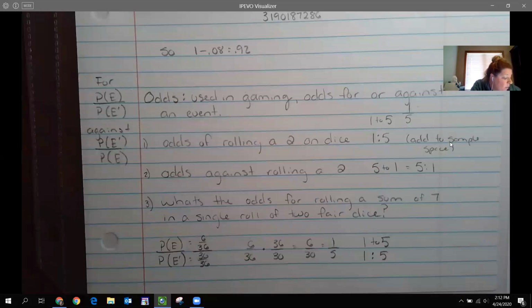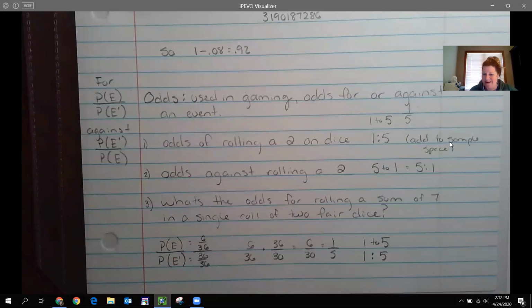We're going to use the probability of the event divided by the probability of not the event. There's a 6 out of 36 chance to get a 7, and a 30 out of 36 chance to not get a 7. So we keep the top one, flip the other, and we get 6/30. That's our odds. Reduce it, and you get 1 to 5.